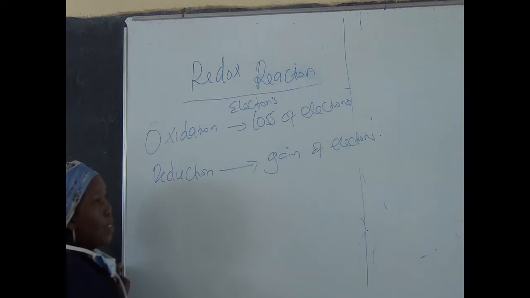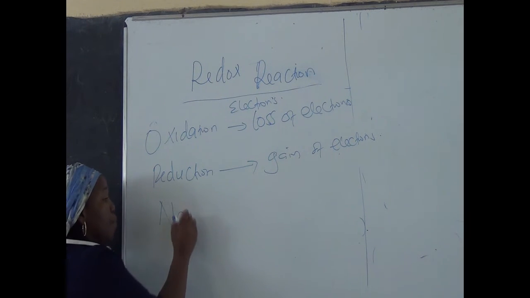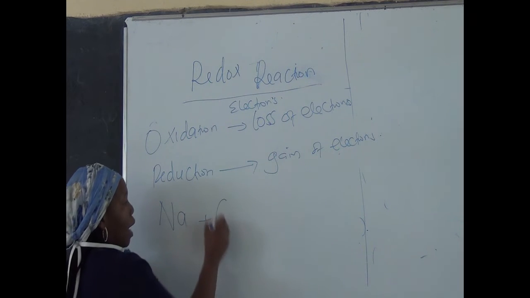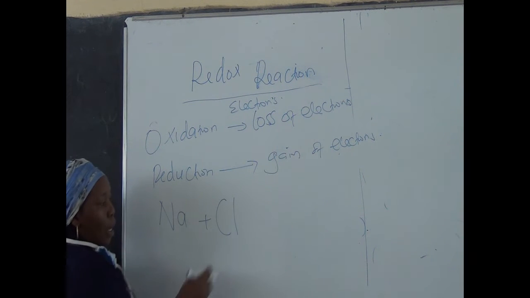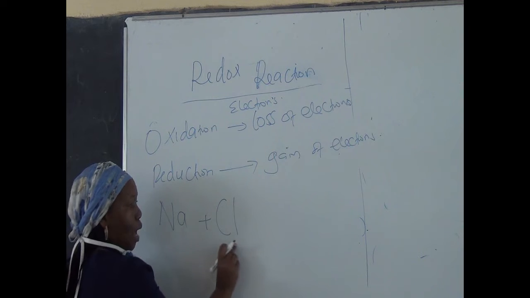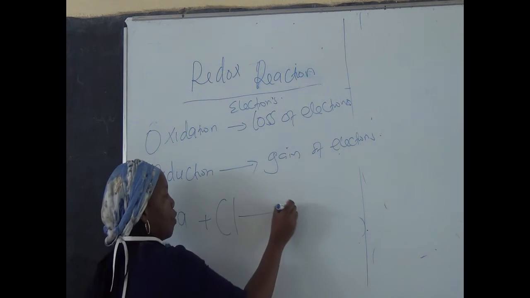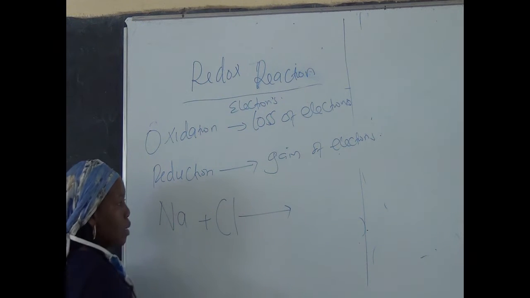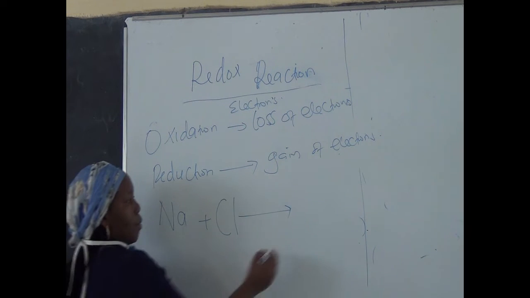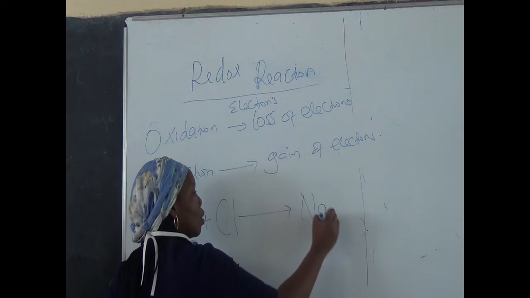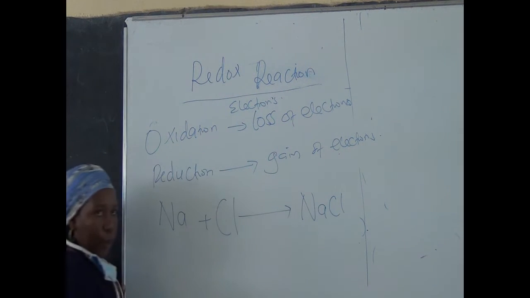Let us use an example here of sodium and chlorine. I've not written a chlorine molecule, but I've written a chlorine atom for explanation purposes. When these two react, we shall have sodium chloride compound.